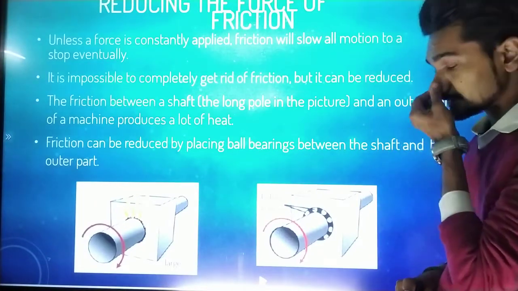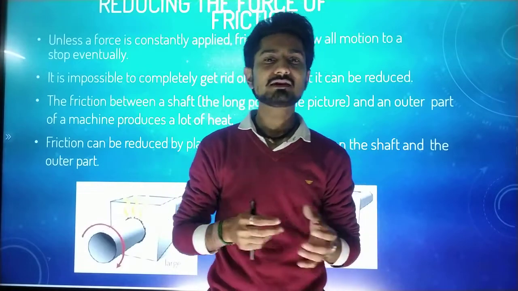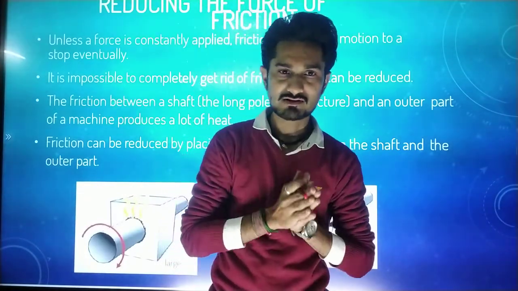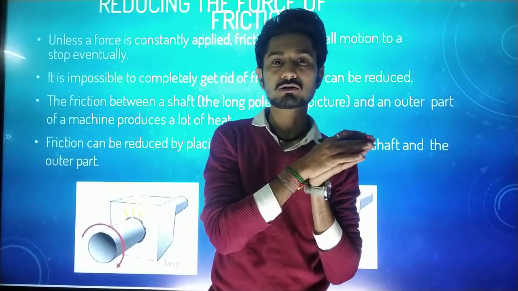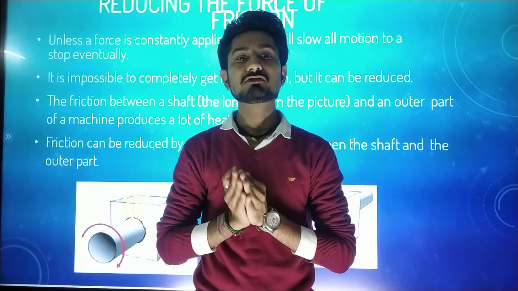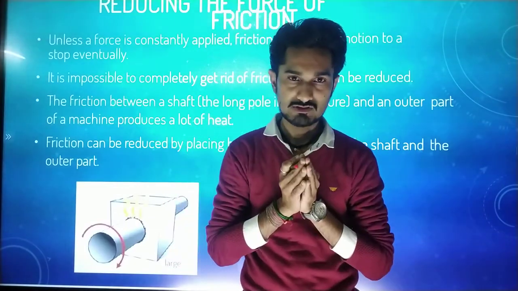Now we are going on to reducing the force of friction. So far in this chapter, we have learned about friction, types of friction, and the factors on which friction depends. We have seen which factors cause friction.